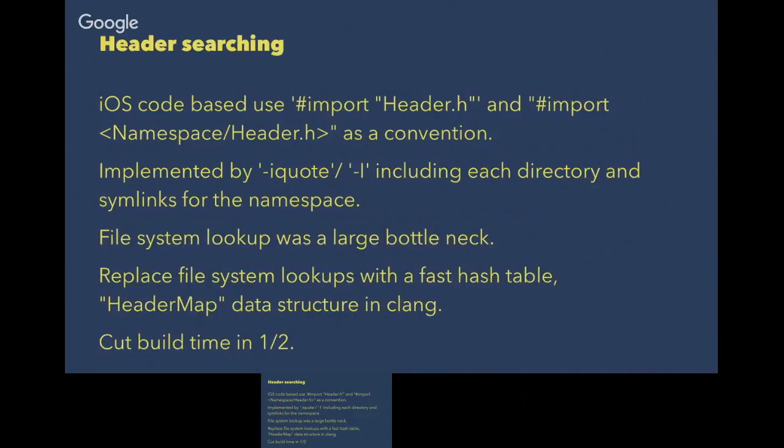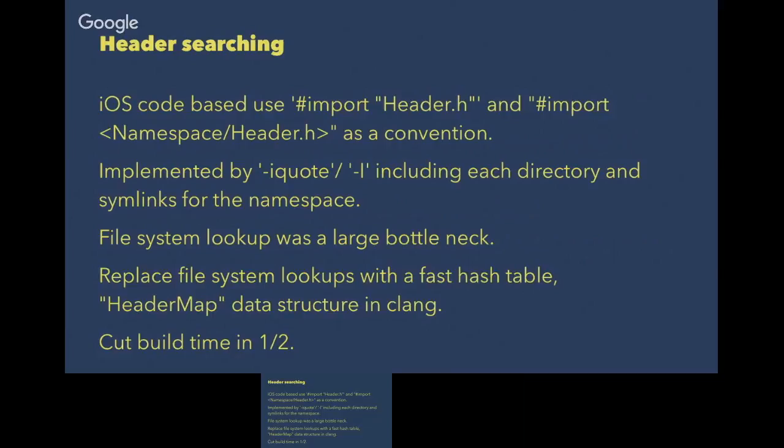So the other main thing that we've heard before is that iOS uses a bit different import semantics than other types of developers out there. The C++ folks and the C developers, this is totally different. So in iOS development, within the same package, when you import a header file, you typically import it as import header.h, regardless of the file system location of that header.